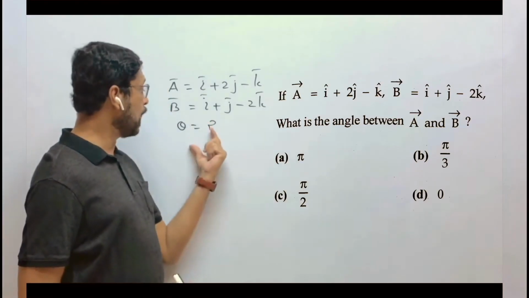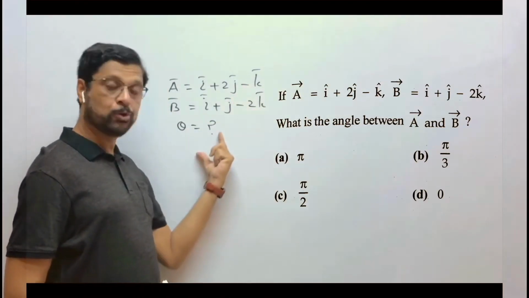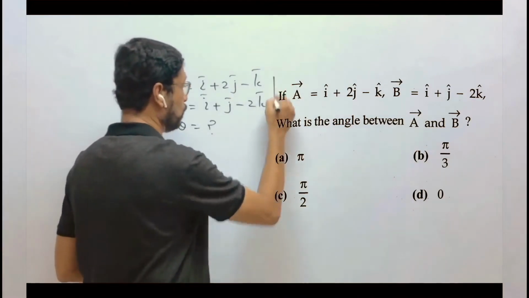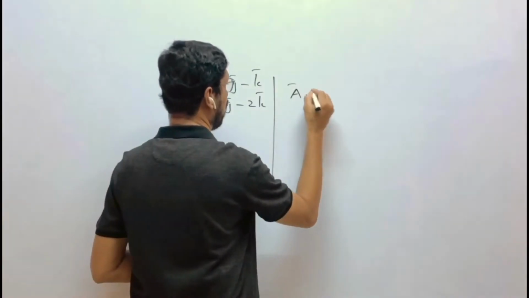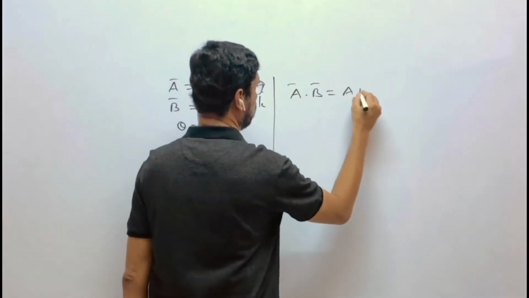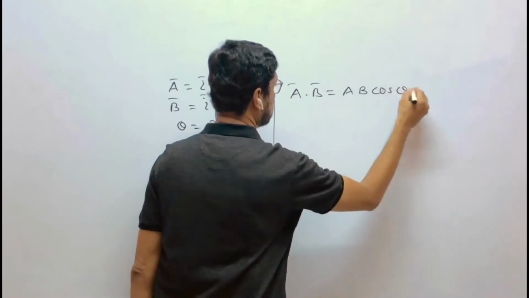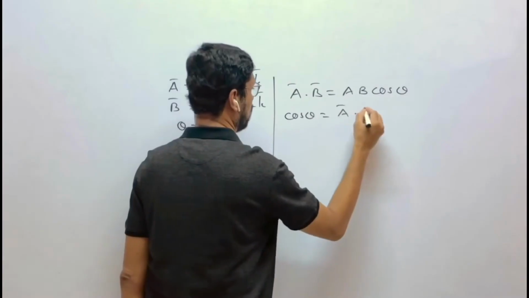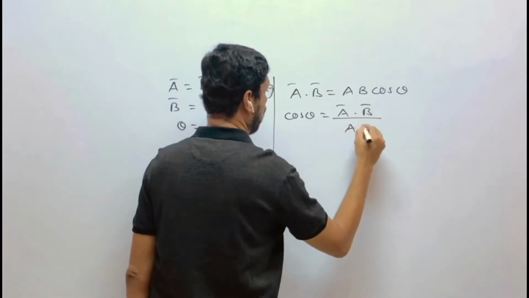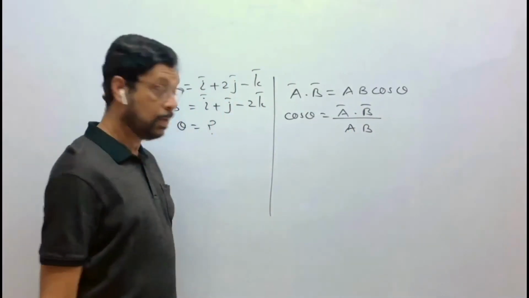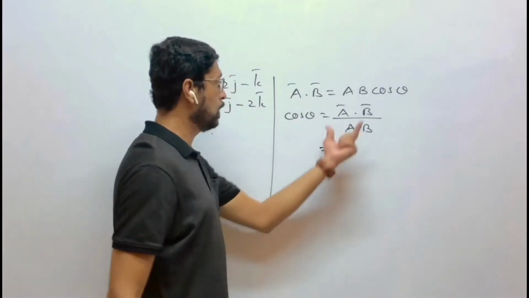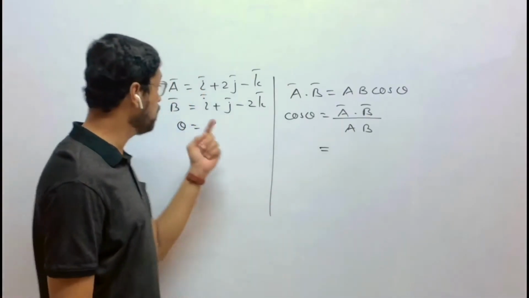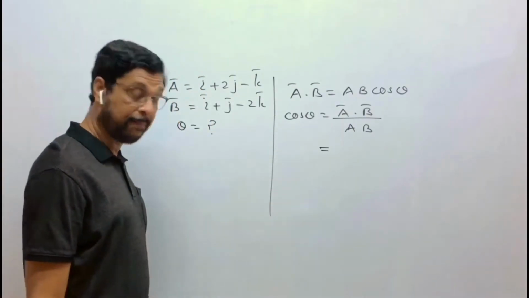If you want to find the angle between two vectors, you can use the dot product. So A dot B is equal to AB cos theta. So cos theta will be equal to A dot B upon AB. A dot B is AX BX plus AY BY plus AZ BZ.